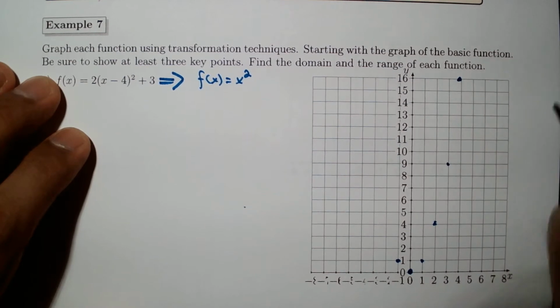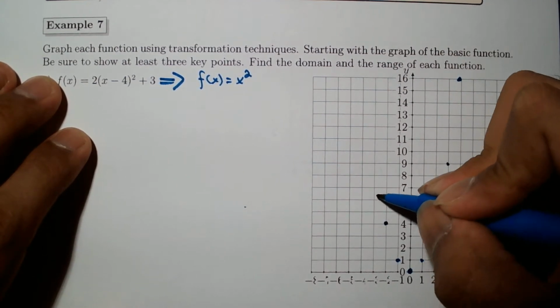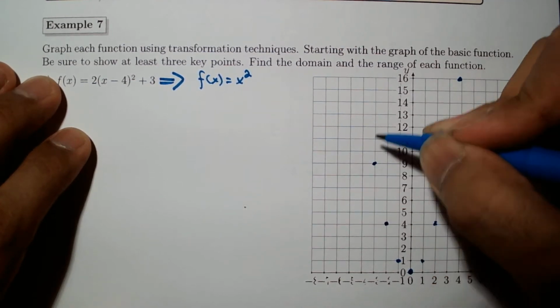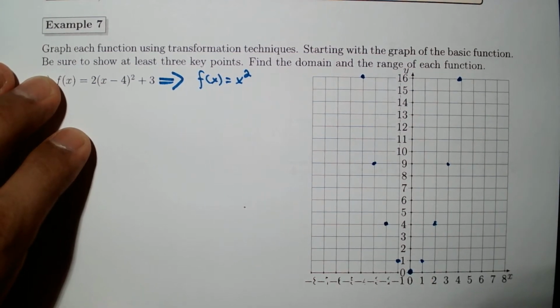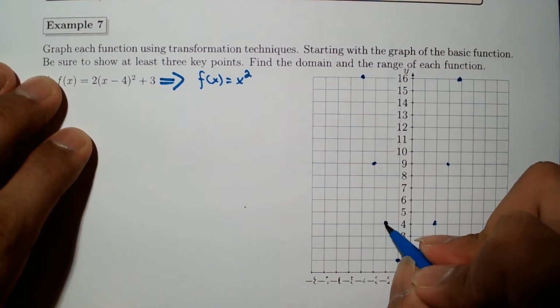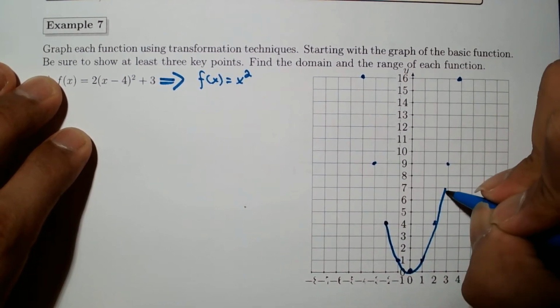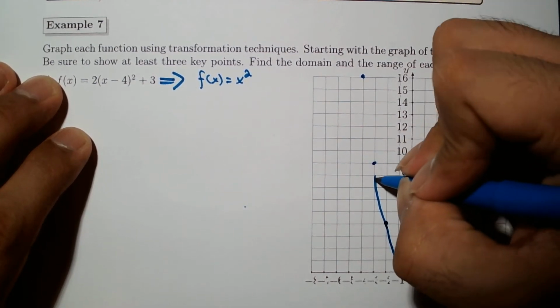I'm going to go all the way to 16, and then -2, 4, -3, 9, and then -4, positive 16. So I'm going to draw the graph of this parabola with these essential points.